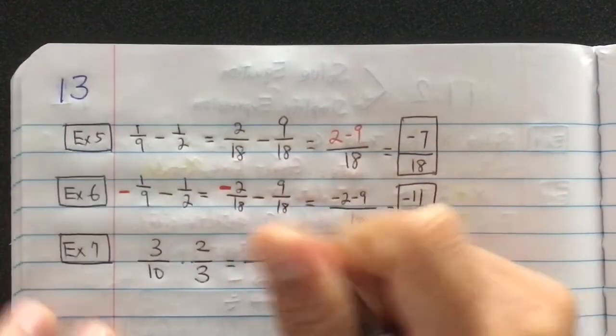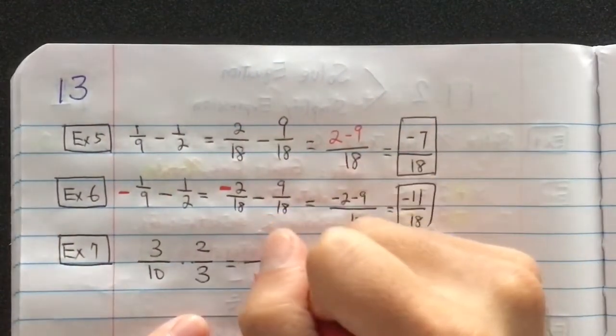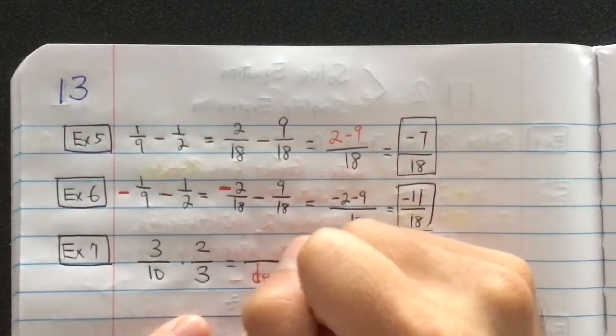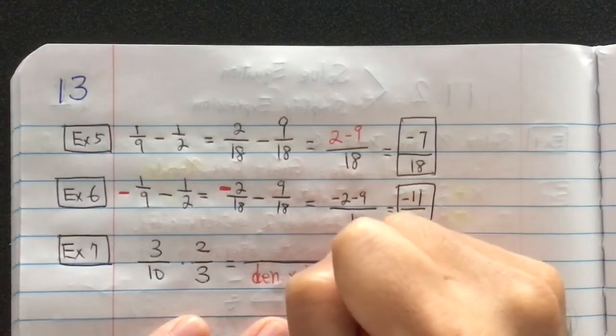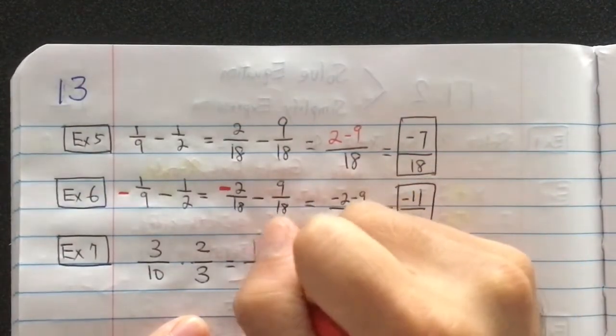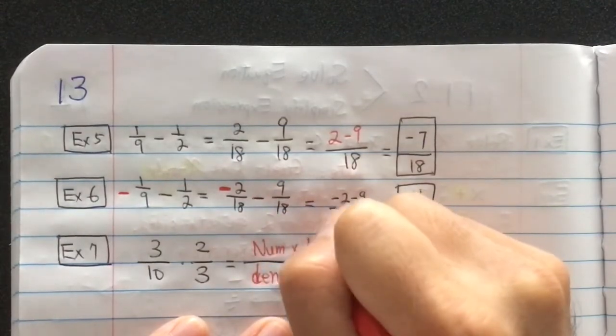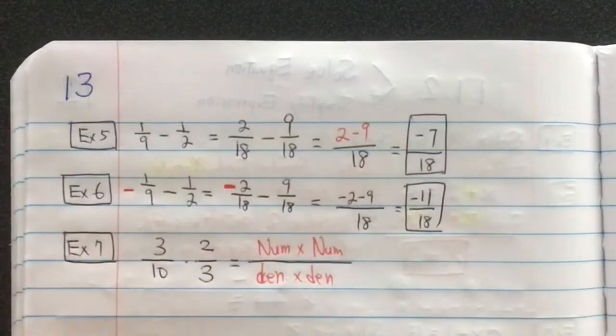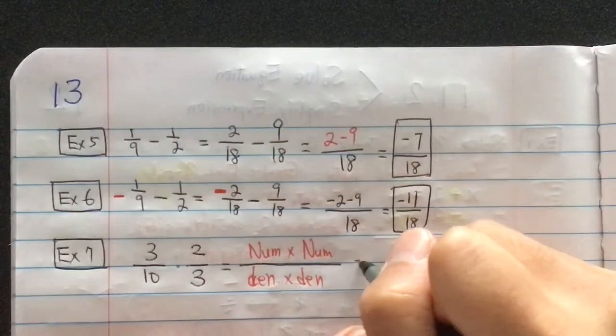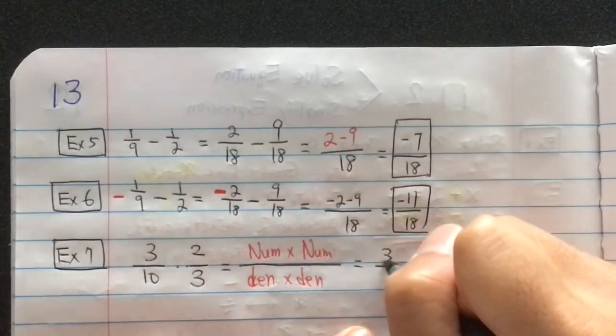This one, write notes. Denominator times denominator. Okay? And numerator times numerator. So it will become 3 times 2.